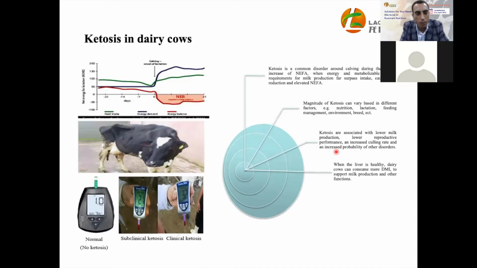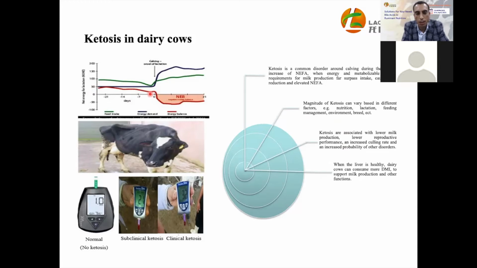As we mentioned for ketosis and fatty liver, here, how can ketosis affect the dairy cow and how does ketosis occur in dairy cows? When the cow gives birth, after calving, there is a demand for nutrients to support high milk production, and at the same time the feed intake is not enough to cover milk production.